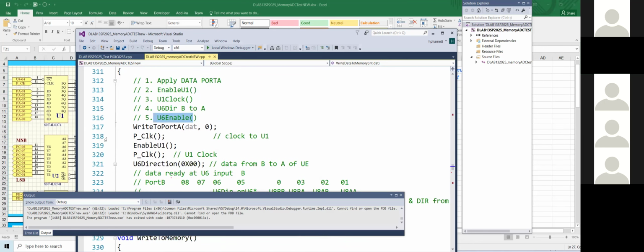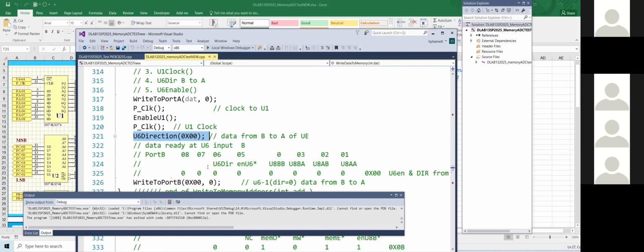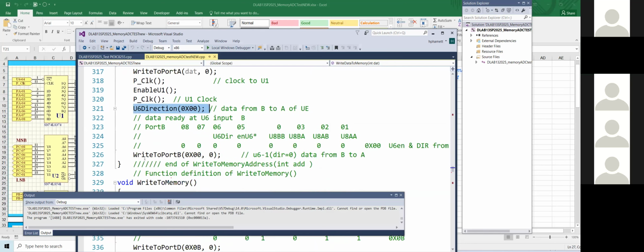That is the process. Write port A, clock, enable U1, U1 clock, U6 direction, and write to port B. That is for writing the data to the memory.